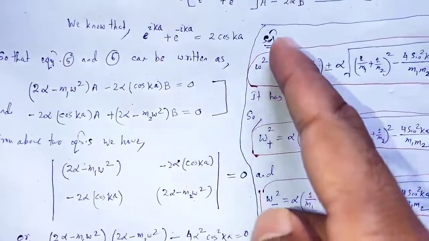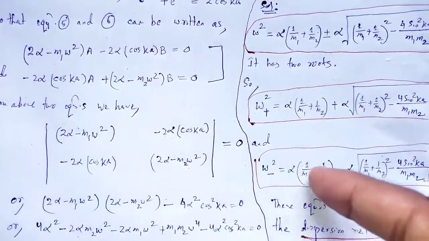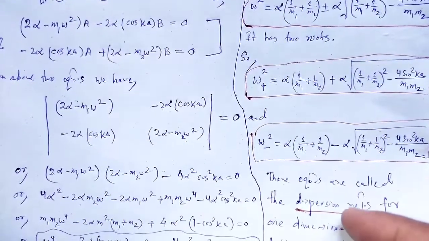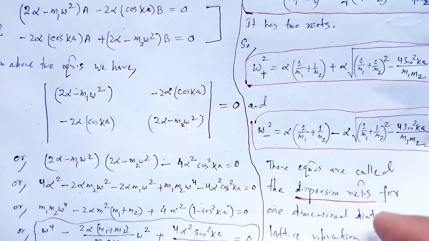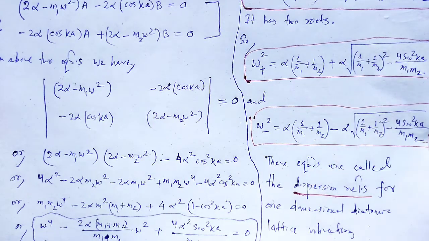It has two roots, one positive and another negative. These equations are basically known as the dispersion relations, the relation between omega and k. These equations are the dispersion relations for one dimensional diatomic lattice vibrations.